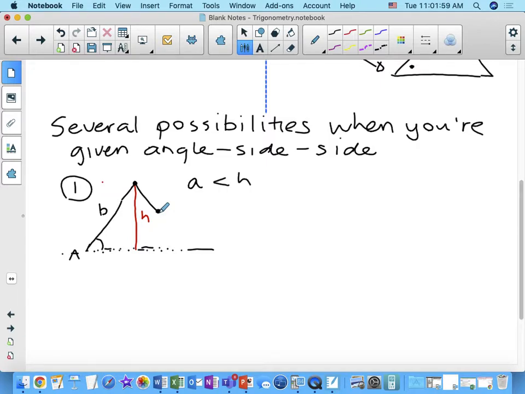No. So if the opposite side, side A, is less than the height, there will not be a triangle. No triangle exists where this is possible. So there's no triangle in this situation. It's impossible.